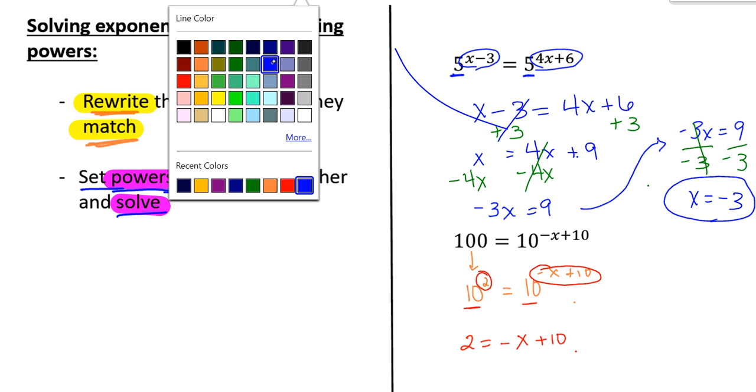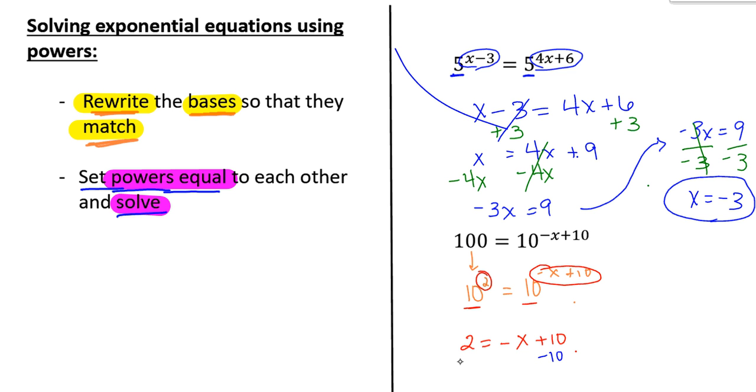Now in order to solve that, I would subtract the 10 from both sides. Whoops, not divide, gosh. You might say to add the x over. Either one's fine. You end up with the same answer either way. So here I get negative 8 equals negative x.